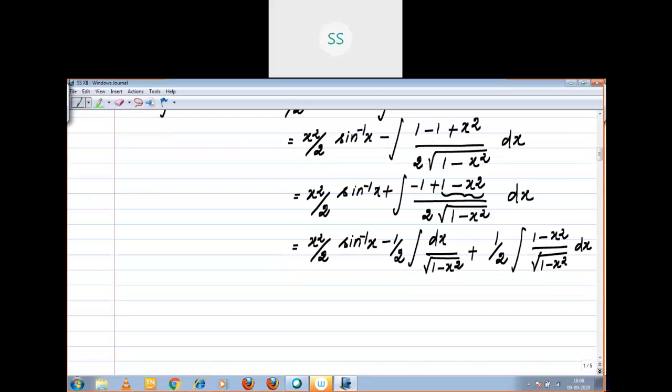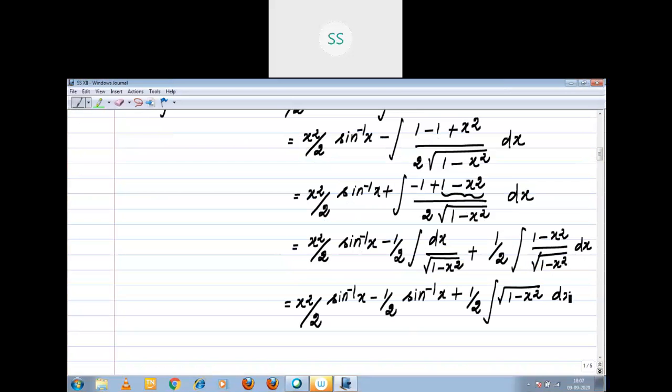See, x square by 2 sine inverse x minus 1 by 2 into integral dx divided by root of 1 minus x square, which is sine inverse x, right? Plus here you have to shift the denominator to the numerator. You will get 1 by 2 into integral root of 1 minus x square into dx.